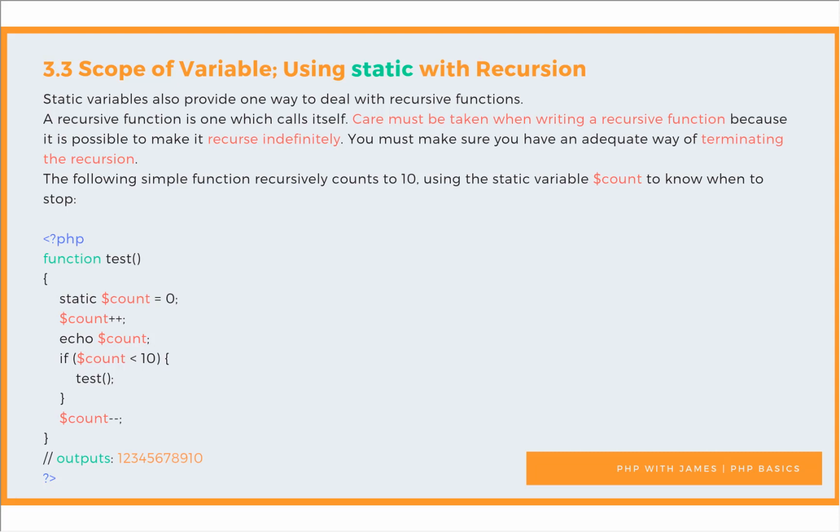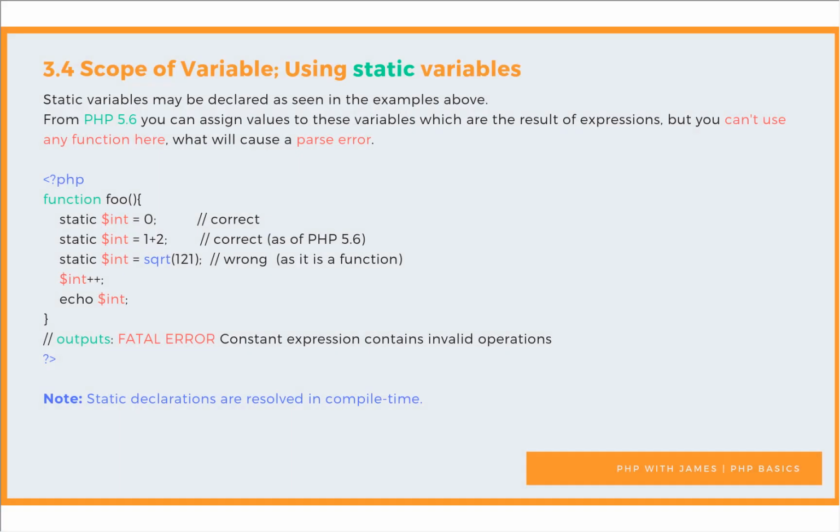Remember that the static variable will not lose its value, so that's why we can implement this check and increment the value as well. On the last line we have $count--. So if we call this function once, it will output 1, 2, 3 to 10, and then it will exit itself. So this is the benefit of static variables in recursion.